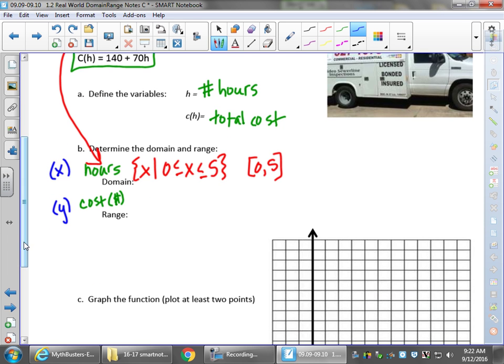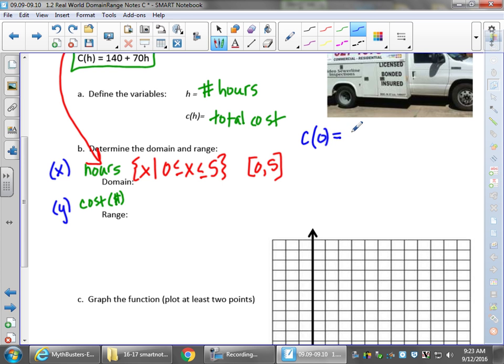Using our function notation, this is going to be C of what first? What are you going to plug in first? 0. We're going to start by plugging in our smallest x value. C of 0 equals... What do we put on the back burner?